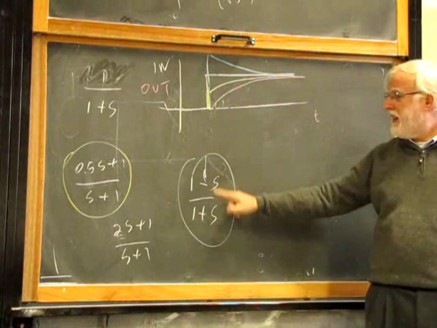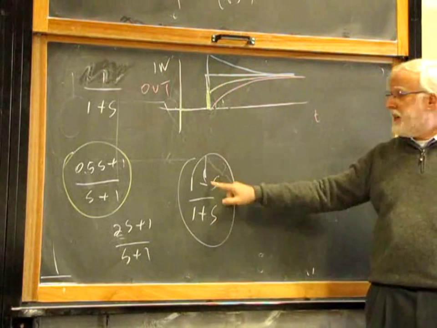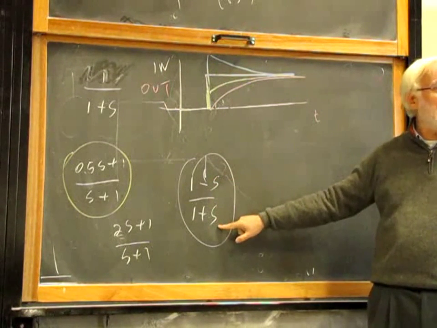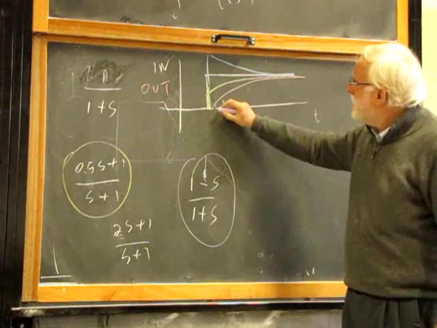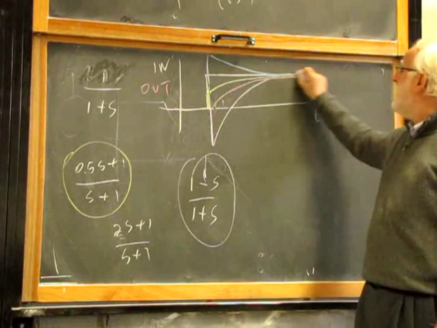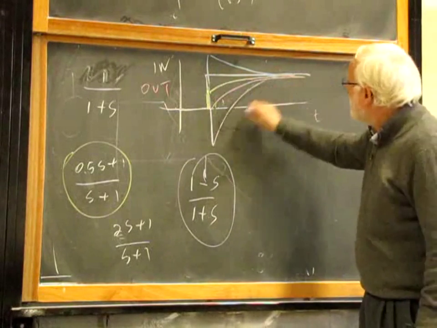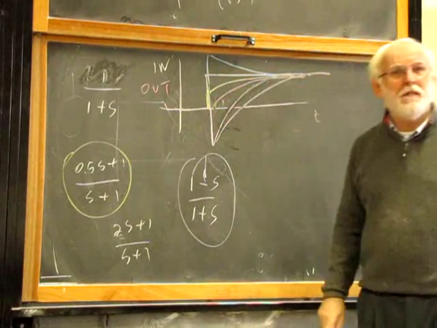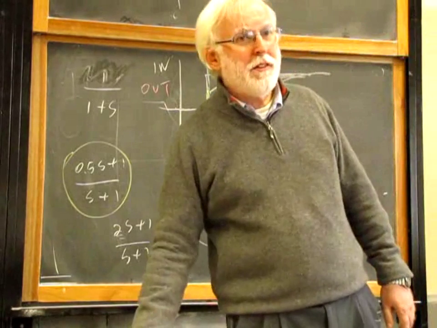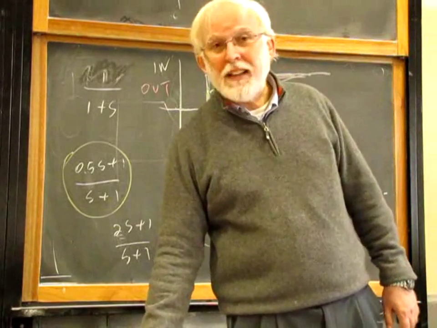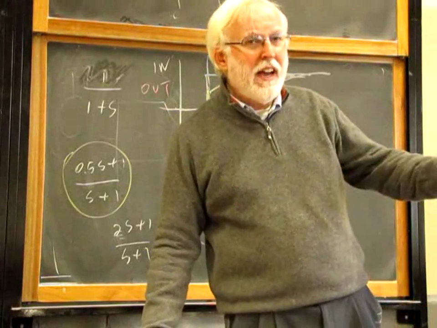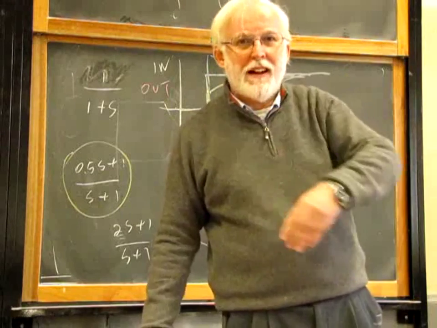For infinite frequency, what is the gain of this transfer function? Negative 1. So your output will go to negative 1, and then we go to the final value with the same time constant. This is the bad effect of your right half plane zero. It starts from the wrong direction and it says, oh, sorry, it was the other way around.